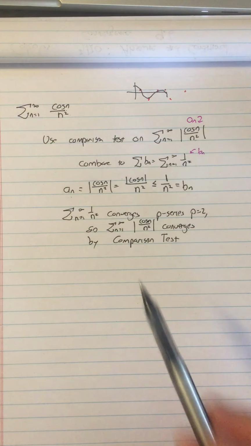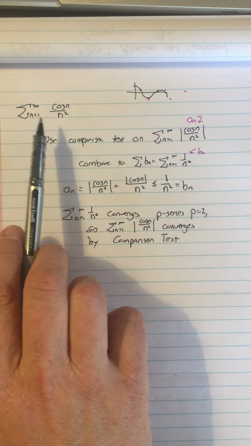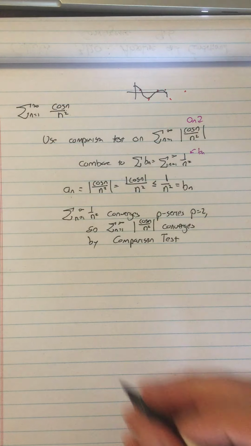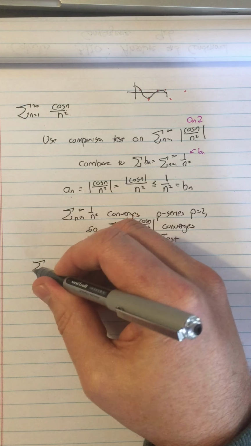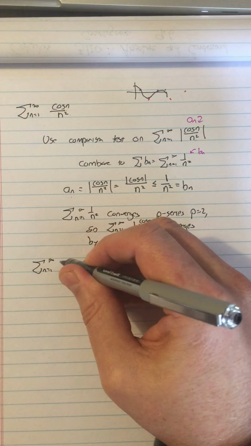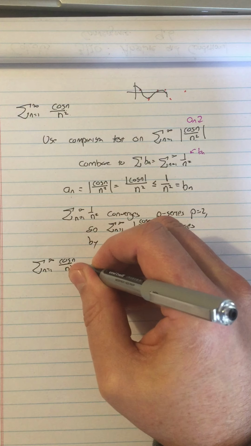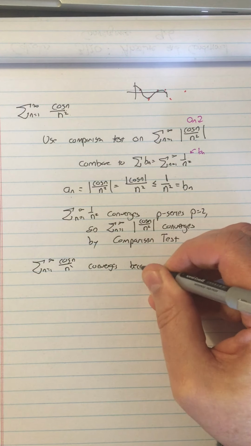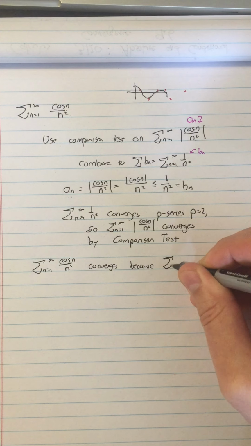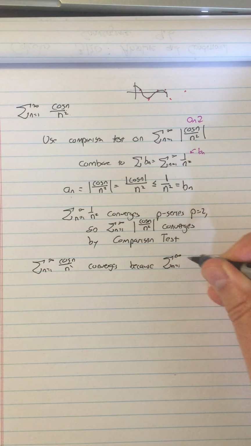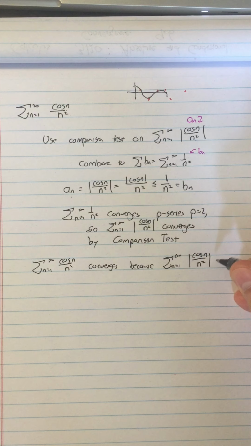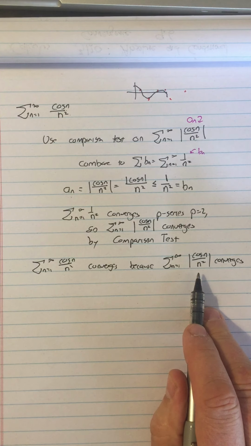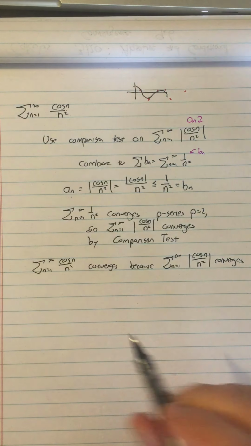All right, but I still haven't answered the original question, which was, does this series converge? So now I can say the sum from n equals 1 to infinity of cosine n over n squared converges because the sum from n equals 1 to infinity of the absolute value of cosine n over n squared converges. That's just saying that if a series converges absolutely, then that series converges.